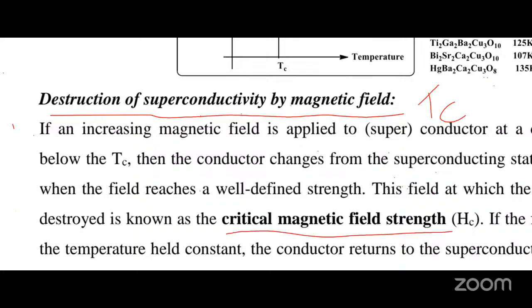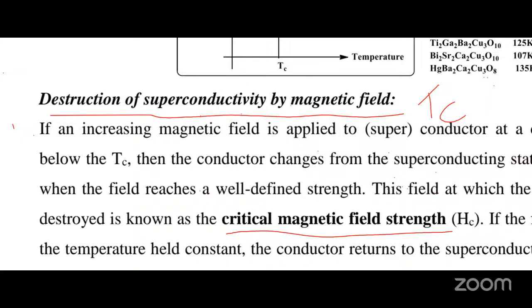If we apply a magnetic field to that material, at one particular magnetic field the resistance of the material becomes zero and it possesses infinite conductivity. So with the help of magnetic field also we observe the superconductivity state, instead of temperature.